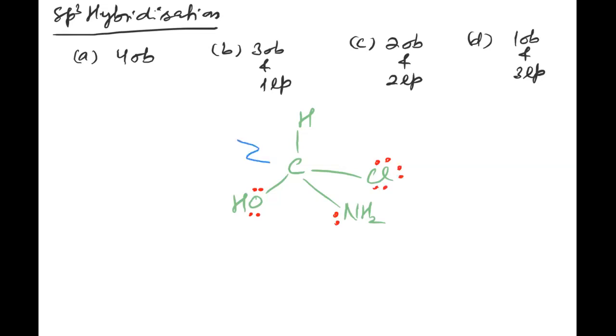In the case of this carbon, it is forming 4 sigma bonds. Here it consists of 2 sigma bonds, 2 lone pairs of electrons. It is 3 sigma bonds, 1 lone pair of electrons. It is 1 sigma bond, 3 lone pairs of electrons.